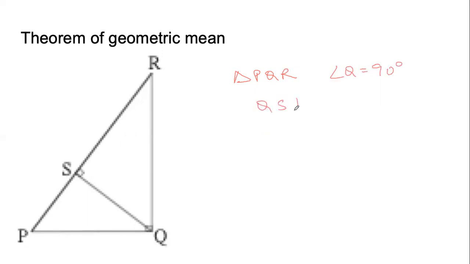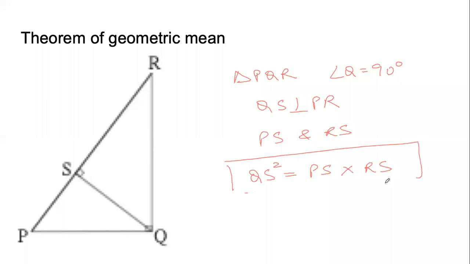QS is the altitude drawn to the hypotenuse PR. The two parts of the hypotenuse are PS and RS. When we say that the altitude is the geometric mean of the parts of the hypotenuse, it means QS squared equals PS times RS. This is the theorem of geometric mean.